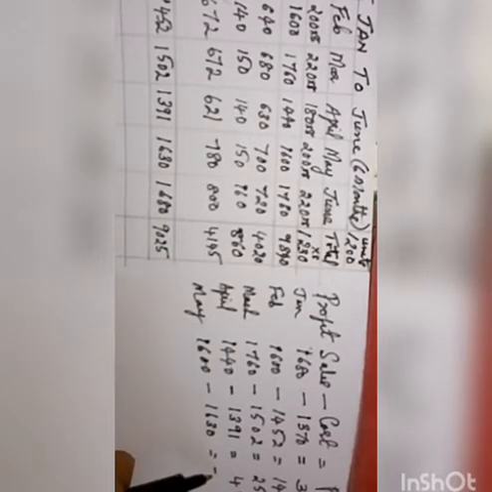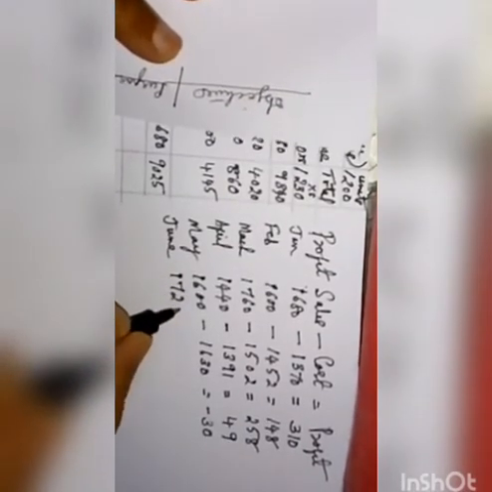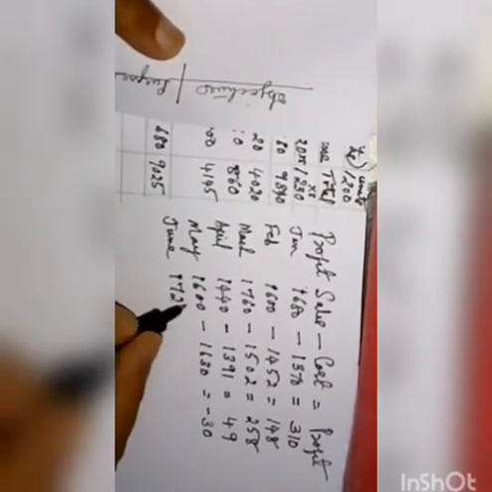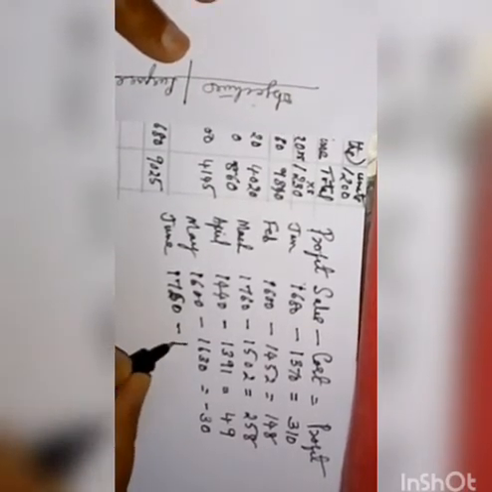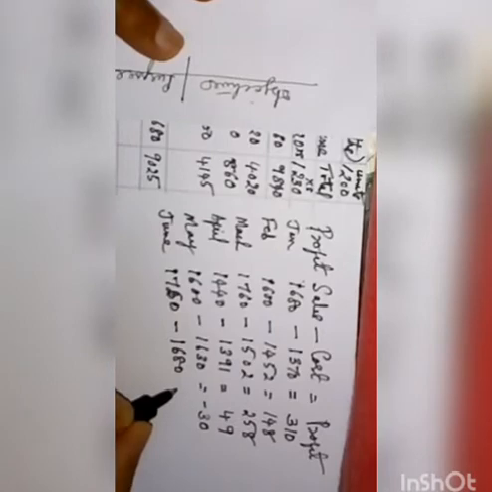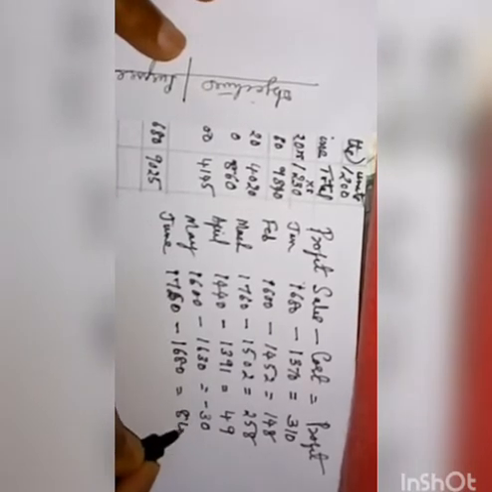So 30 rupees is loss in this particular batch. There is no profit, only loss. June month sales is 1760 minus cost 1680, and the profit is 80.